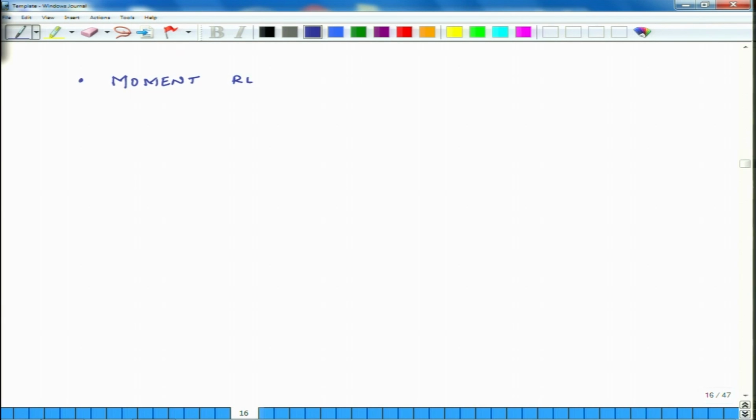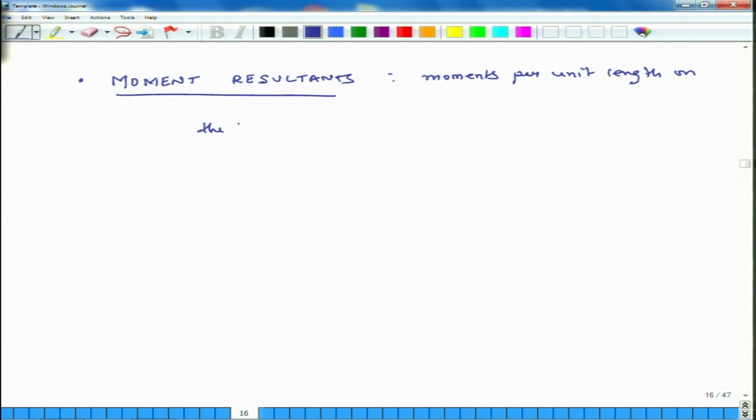So, moment resultants are moments per unit length on the edge of the plate. Let us understand what these mean.